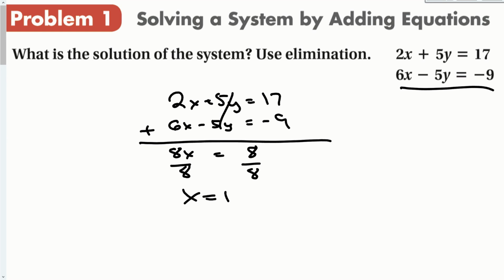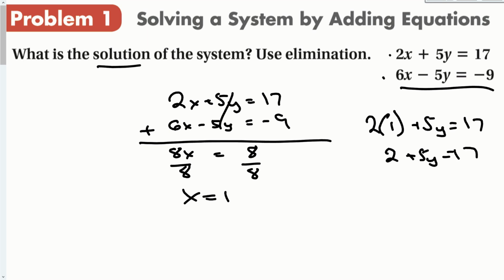That's great. Again, just like last time, the goal here to solve the system, to find the solution, is to find the point where these two lines intersect. So now that I have x, I can plug it into either the top or the bottom. Pick whichever one looks easier. Let's pick the top one because less negatives. So 2 times 1 plus 5y is going to be 17, which gives me 2 plus 5y is 17.